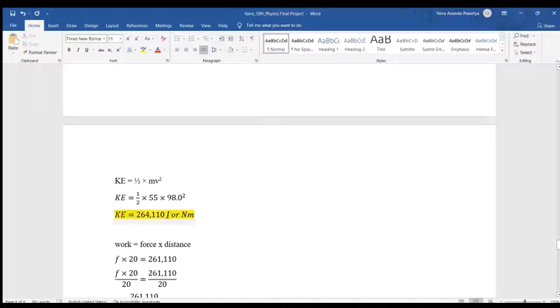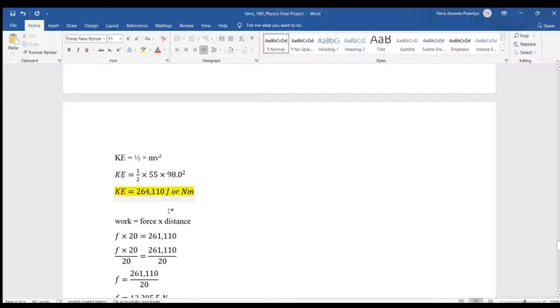And now that we have the energy, we're gonna see how much force she'd be delivering. So work equals force times distance. So work is basically KE, right? We already know the energy, and we already know the distance. But we can estimate the distance of a fall, the height of a fall, to be about 20 meters.